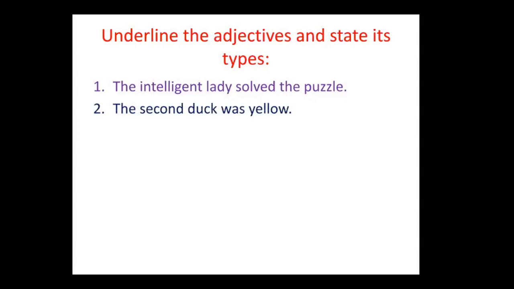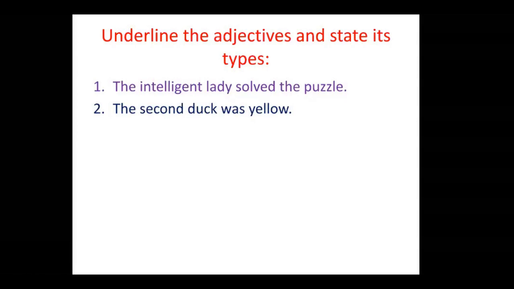The second duck was yellow. Can anyone tell me which is the adjective here? Second. Very good. The word second is an adjective. And which type of adjective is it? You told me second is an adjective. Which type?